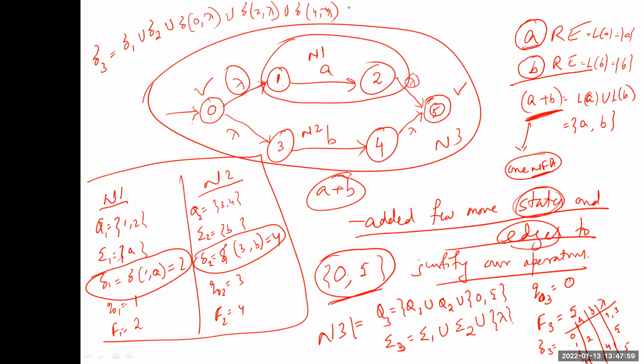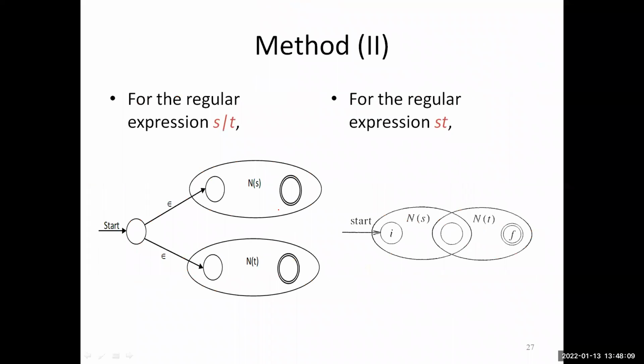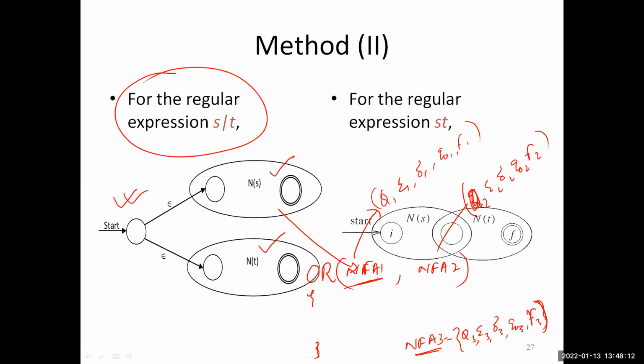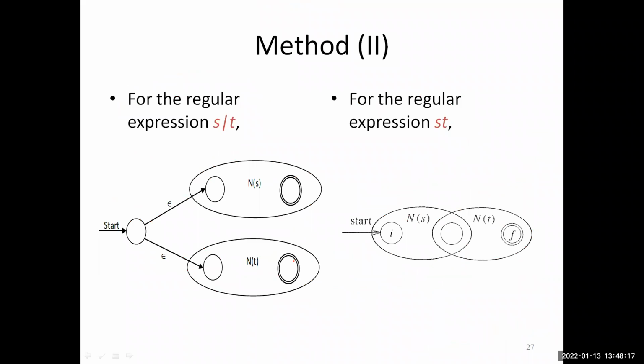So now we have constructed it, and we are supposed to give it a structural representation. What exactly was I talking about? My NFA 1 and NFA 2 already exist, and I'm talking about an OR operation, with NFA 1 as argument 1 and NFA 2 as argument 2, which transfers all the components of NFA 1 and NFA 2 to the new process.